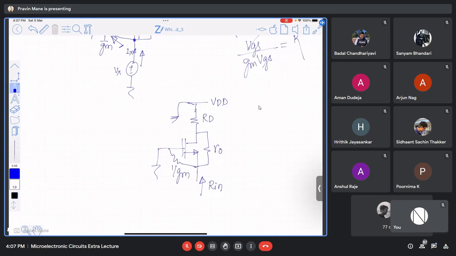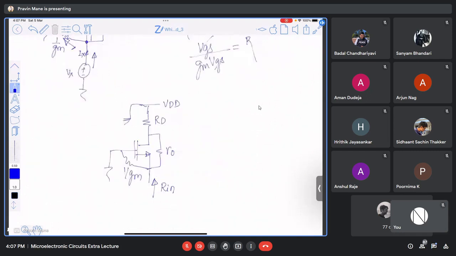Now, the common mistake that students make is this: if I ask you to calculate, some students will write 1 by Gm parallel RD plus RO. This is absolutely wrong. 1 by Gm parallel RO plus RD. Now you tell me why it is written RD plus RO.